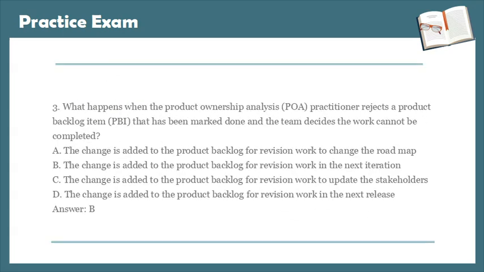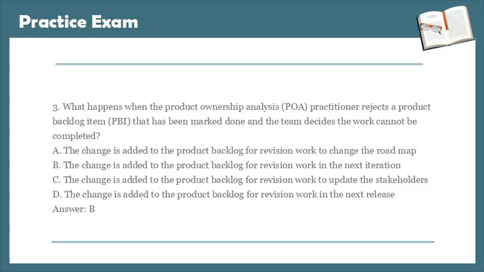3. What happens when the Product Ownership Analysis, POA, practitioner rejects a product backlog item, PBI, that has been marked done and the team decides the work cannot be completed? A. The change is added to the product backlog for revision work to change the roadmap.